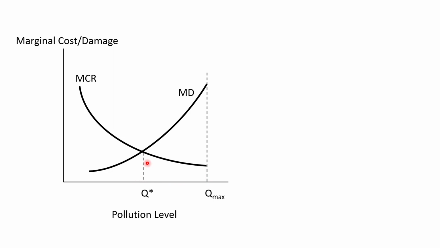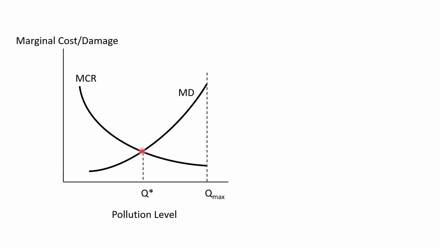Now, why Q star? Starting at Q max, how much does it cost to reduce emission here? Well, the marginal cost is very low, but the benefit you get is really high. So it is efficient from a societal point of view to reduce emission. As long as the marginal damage is above the marginal cost, it is efficient to reduce the emission.